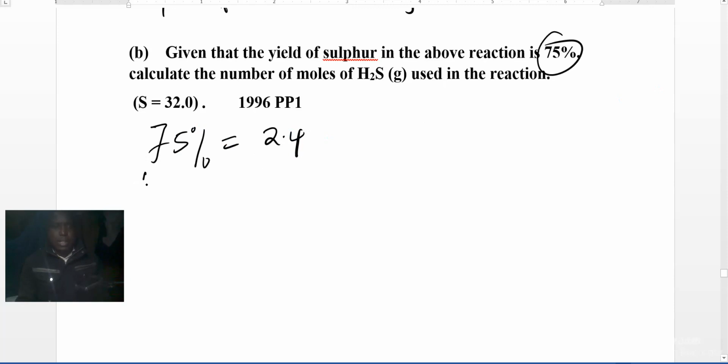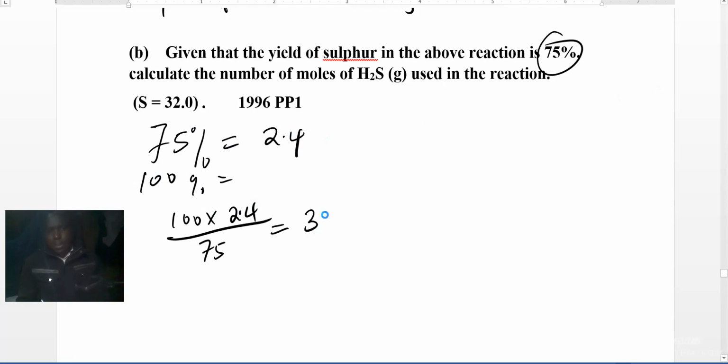What about 100%? So 100 times 2.4 over 75. This one will give us 3.2 grams. So 100% is 3.2 grams. So let us find the moles of sulfur.